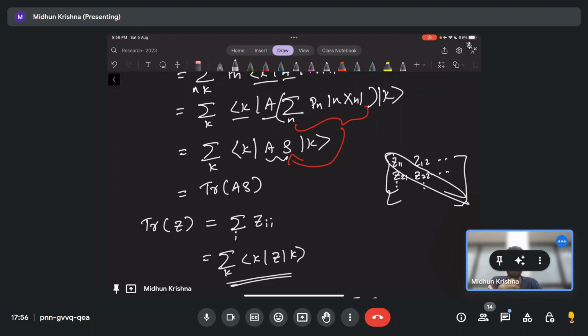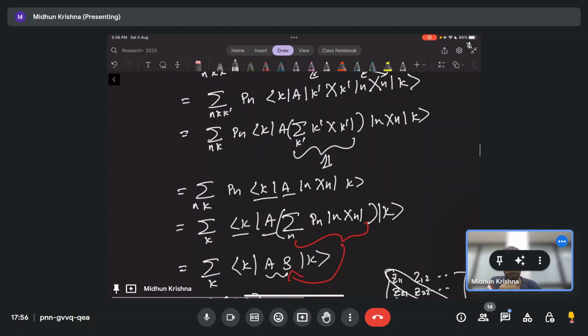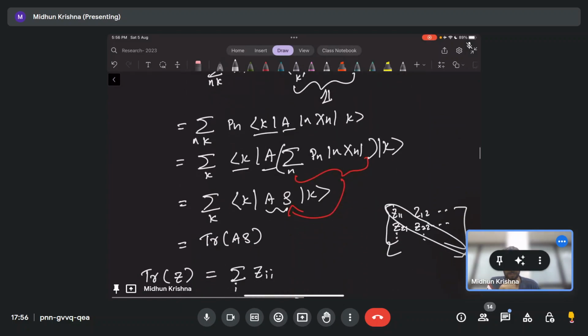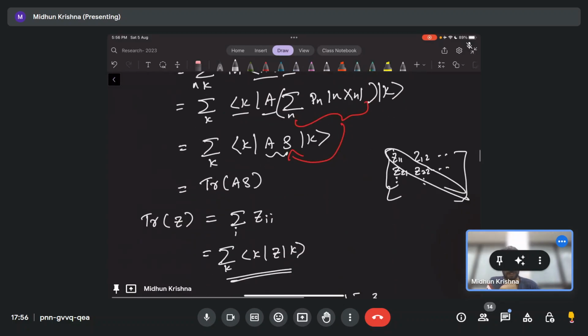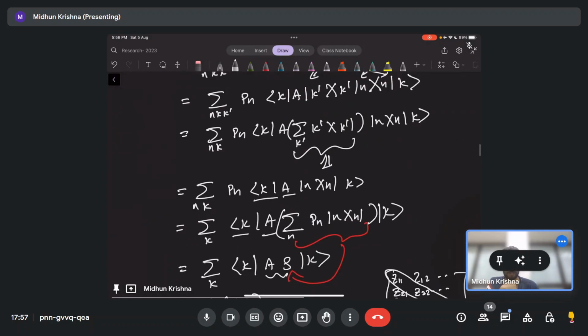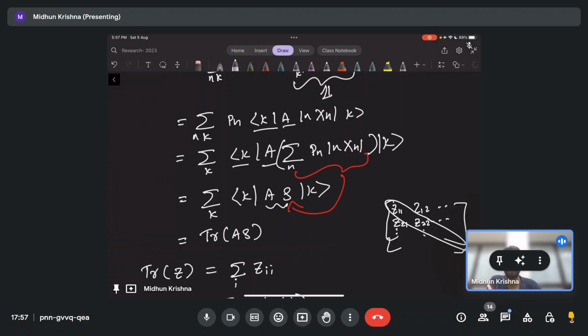Right now, just understand that if I have the expectation value of an operator, for the time being just take this as the definition. This is how you find expectation for any ensemble. This operator rho now has all the information. What did we start with?